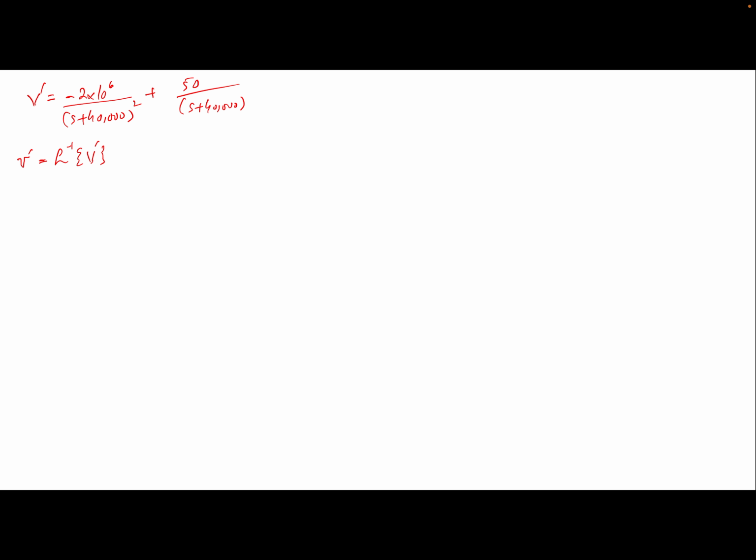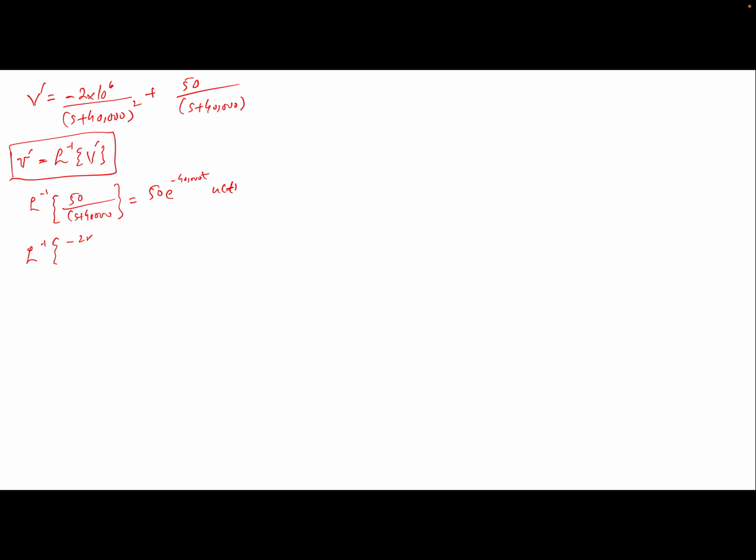And again, in order to find it, I can easily find it because I have seen these things in the past. The Laplace inverse of 50 over s plus 40,000 is 50 is a constant, e raised to power minus 40,000 t u of t, right? I should remember.